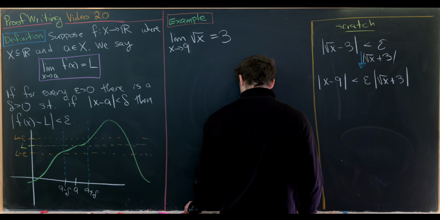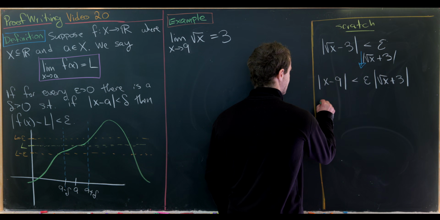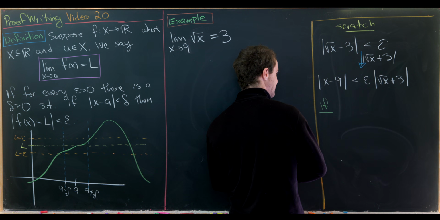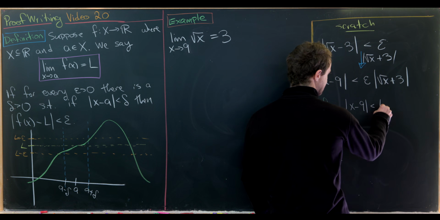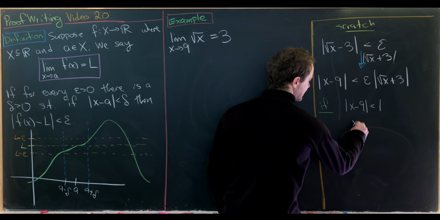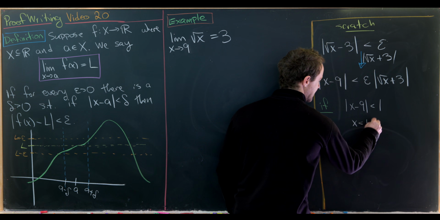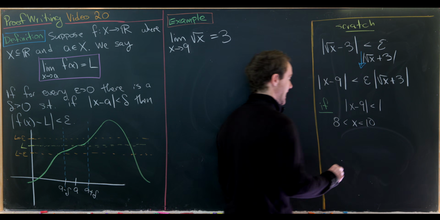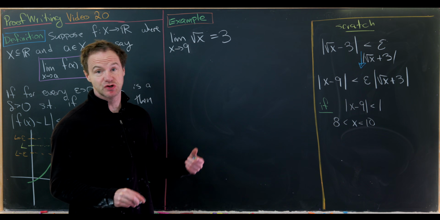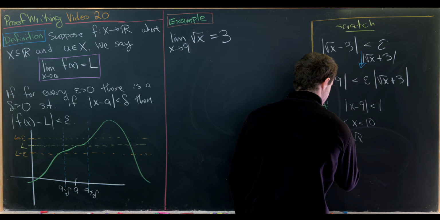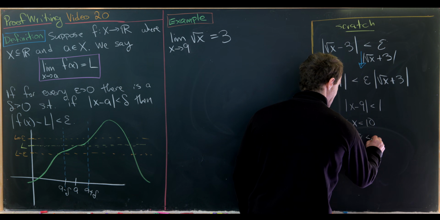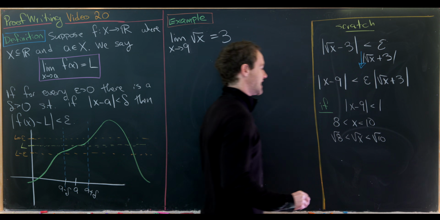So let's play the game of wishful thinking, and let's say what would happen if the absolute value of x minus 9 was less than 1. Well, that means that x is between 8 and 10. But then if we take the square root of x, we'll see that the square root of x is between the square root of 8 and the square root of 10.